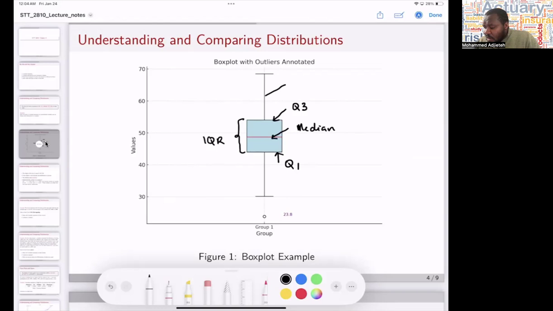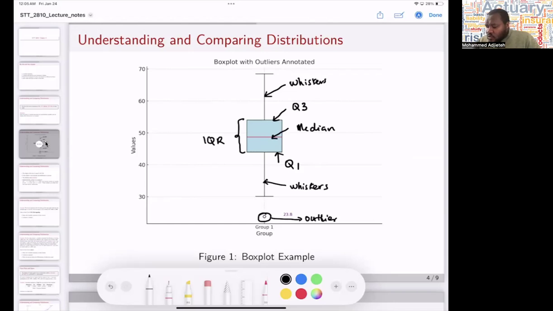These lines here are what we call whiskers. So these lines are the whiskers. And then usually when you have outliers present in the data, you'd see them. So for example, this data point here is an outlier. So it's a lower outlier.